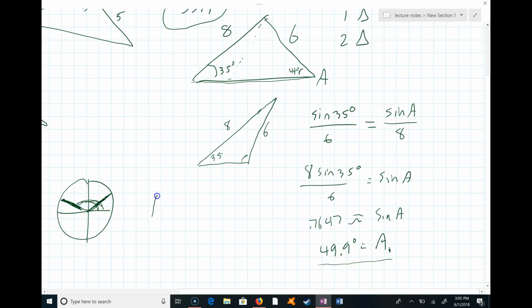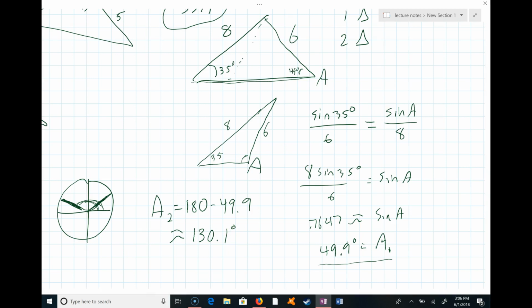So if I wanted to get A sub 2, in other words, capital A in the second triangle, it's just going to be 180 minus 49.9, which would of course be what? 130.1. 130.1, okay?